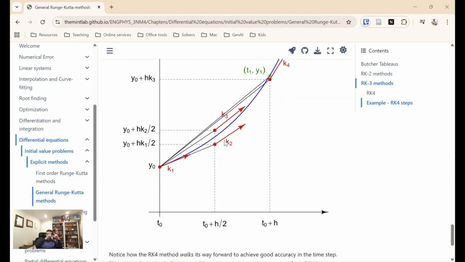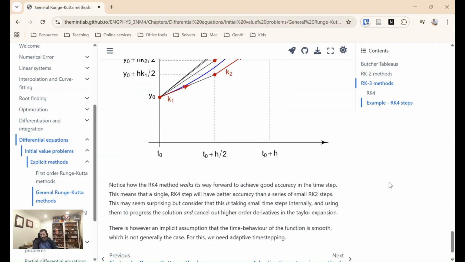When you do that extrapolation, you're going to come up with a nightmare. The slope over here has nothing to do with the slope over here. You blend that, and you're just going to get a mess, right? This is where you might want to adjust the time step itself. This is where we get into adaptive time stepping. There's a whole framework associated with that, which we're going to start on Thursday.